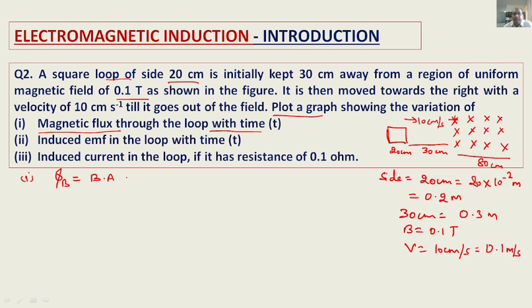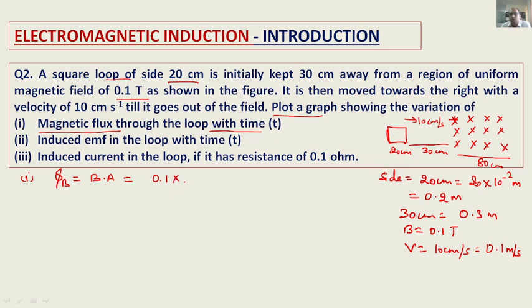So here area is L into X, area Lx. So the area of this square loop itself: magnetic field is given to us as 0.1, and the side is given as 0.2.